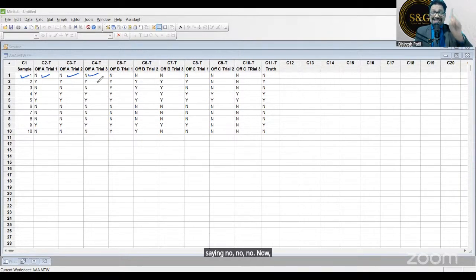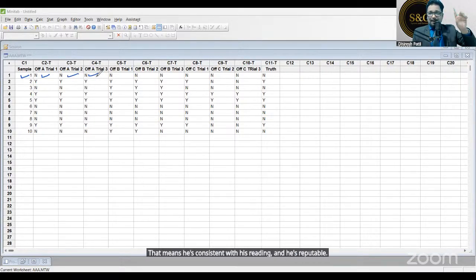Now tell me, is he repeatable? All three occasions he is saying no, no, no. That means he is consistent with his readings and he is repeatable. Is repeatability clear?